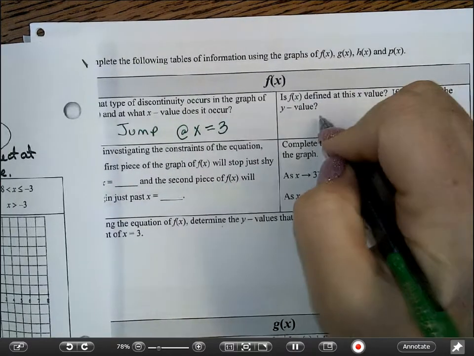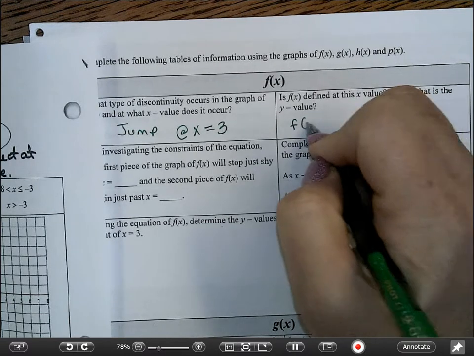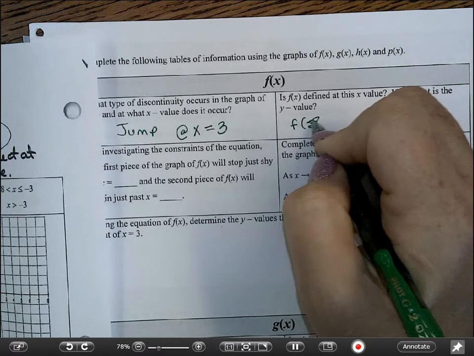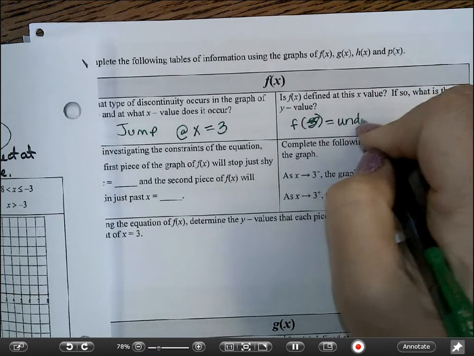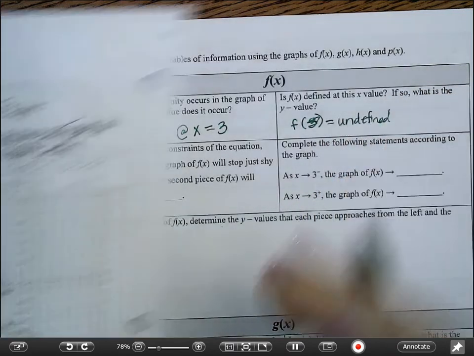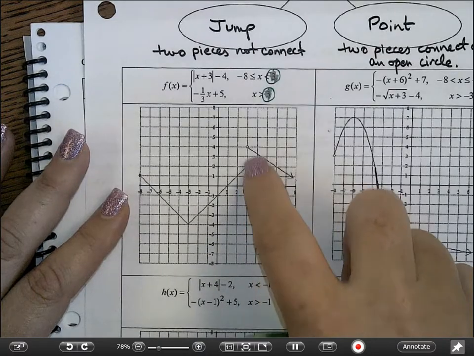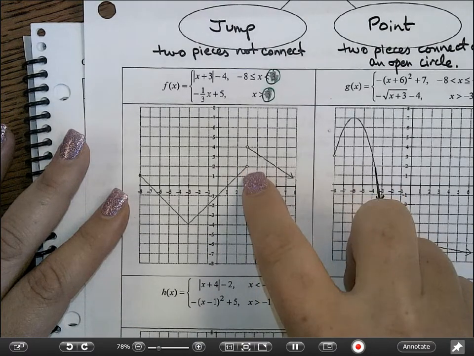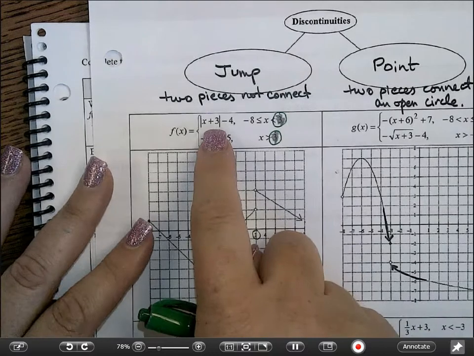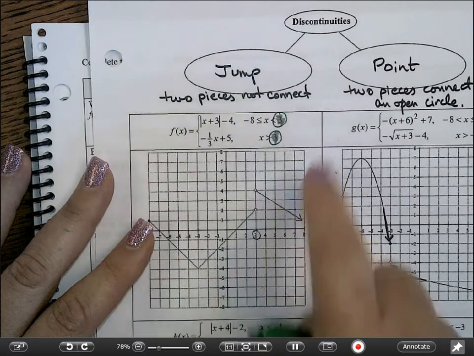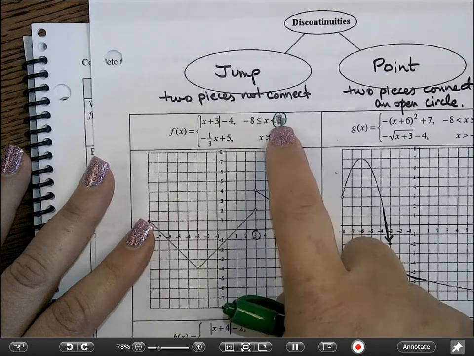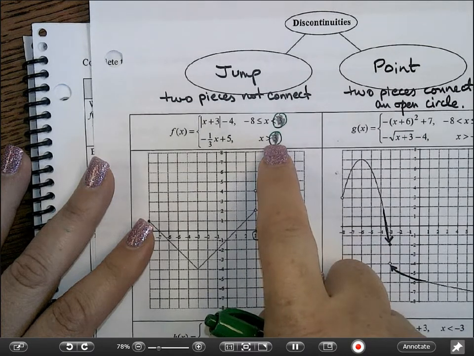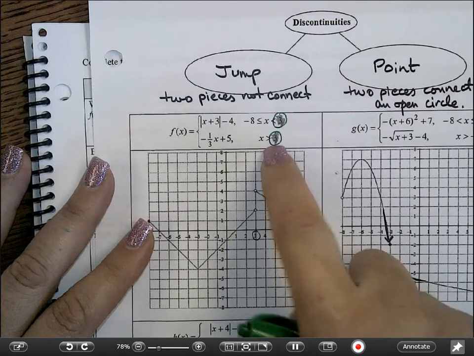So f of 3 is equal to undefined, because when x is 3, there's no closed circle. If I were to plug in 3, I'm still going to get 2, it's just open. And this one right here, I plug in 3, I'm going to get 4, and it's also open.